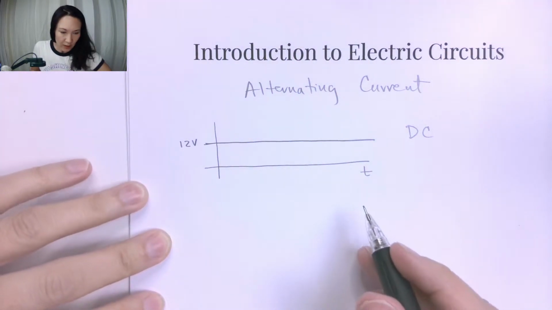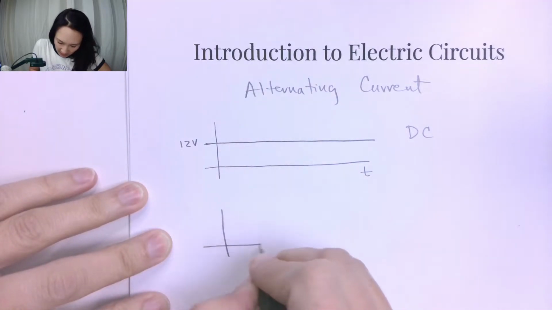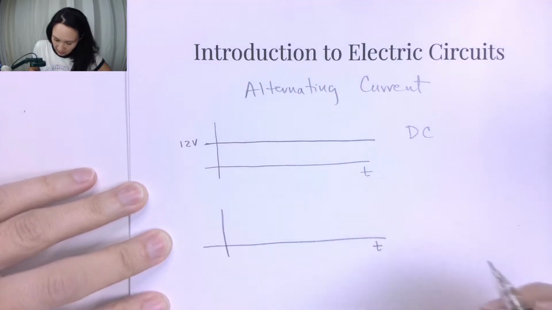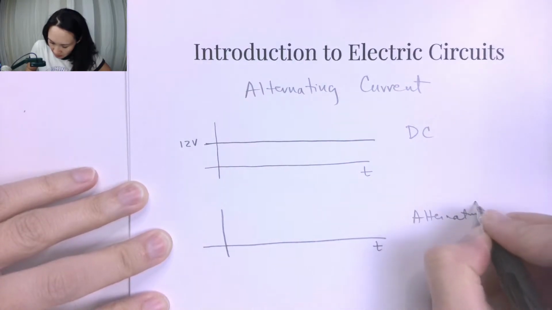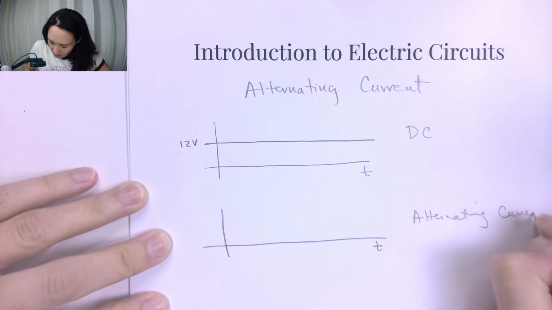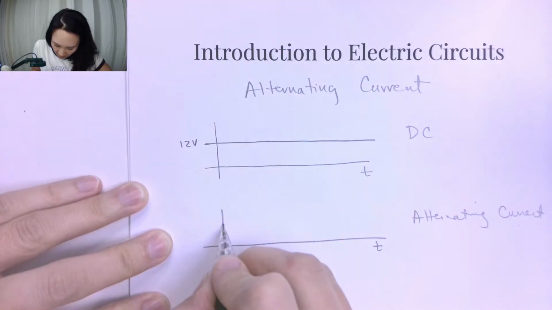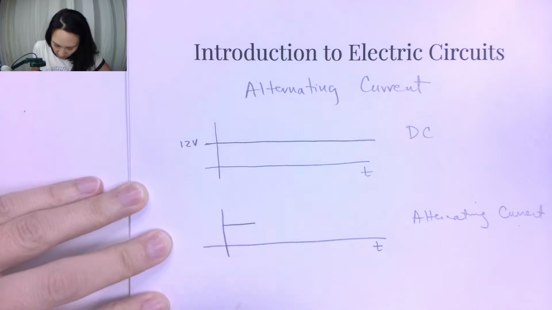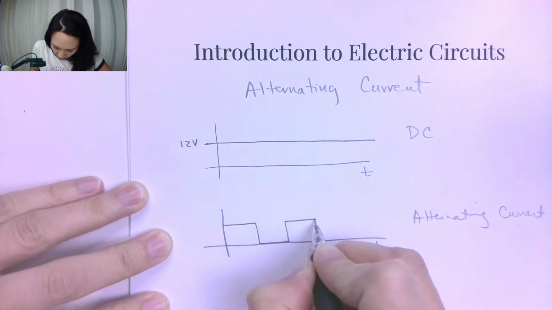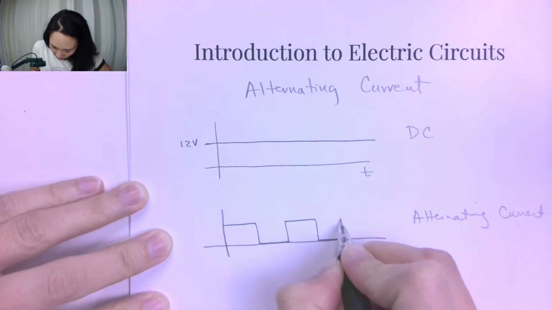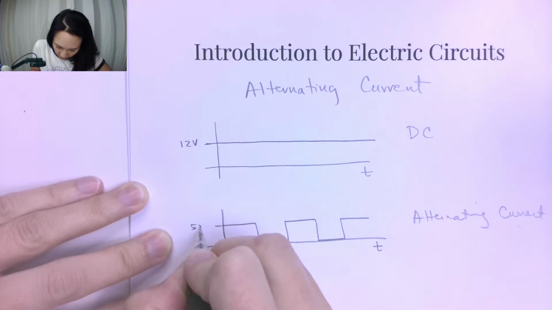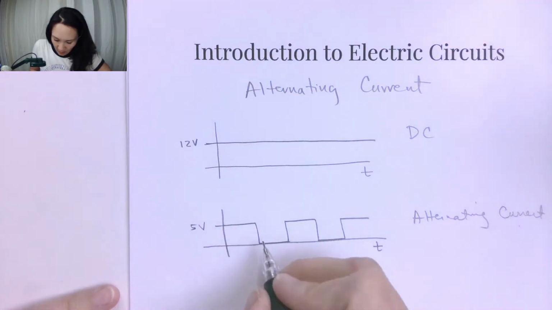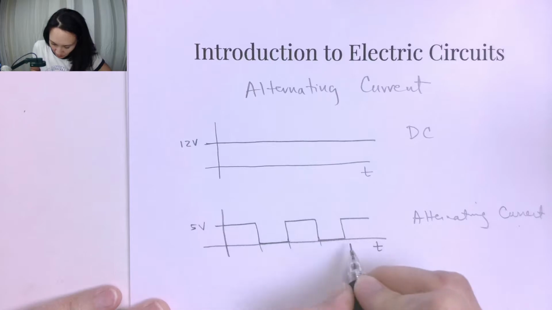But for alternating current, we have a change as time goes on. So for alternating, this can be something like we could have a direct current for a while, and then we could have zero. We can have a direct, zero, something like this. Let's say this is at a constant 5 volts. You'll notice it's actually a piecewise function.